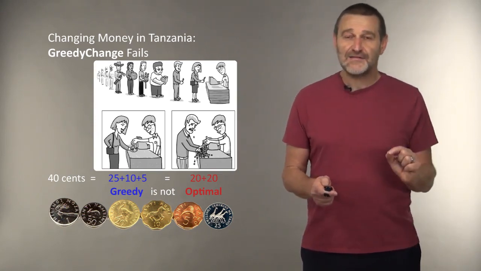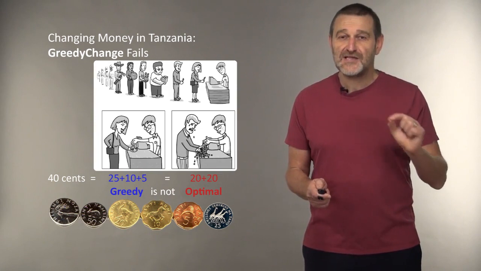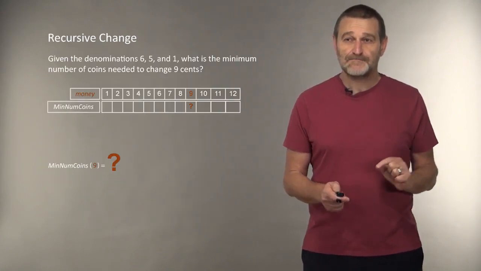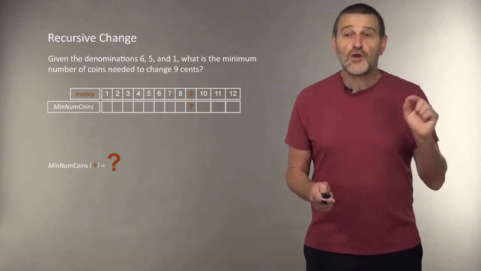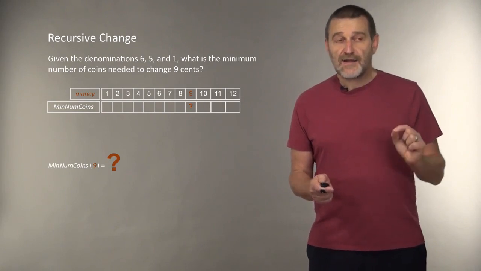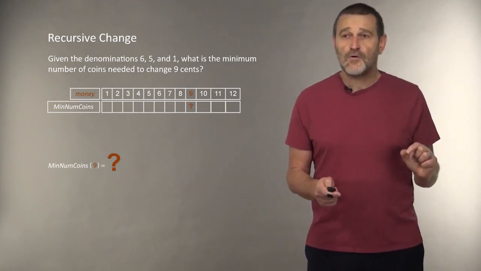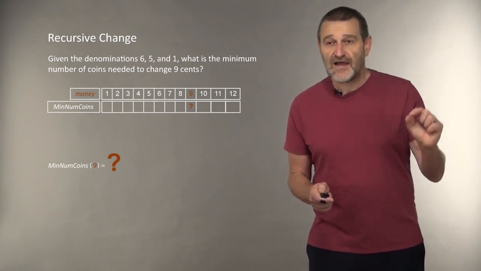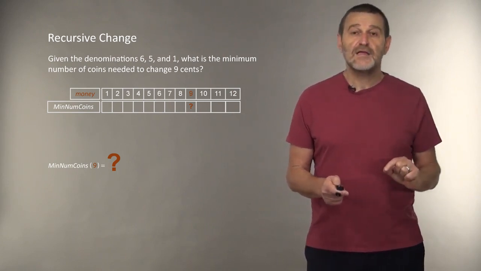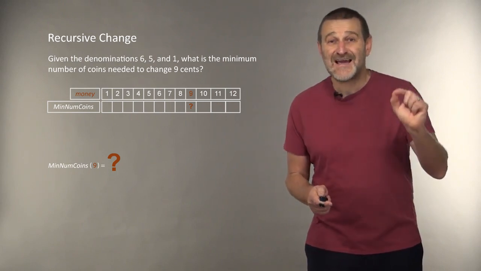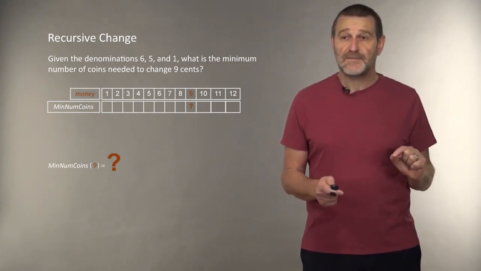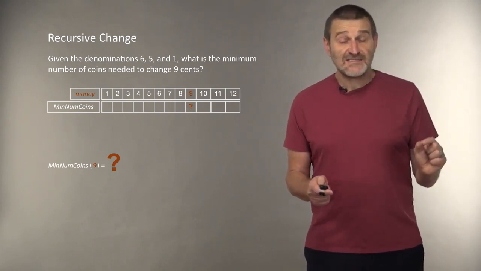So what algorithm should we design to change money in Tanzania optimally? Let's design a recursive change algorithm. Let's imagine that we are in a strange country where there are only 3 coins: 6 cents, 5 cents, and 1 cent. How would we change 9 cents using these coins?